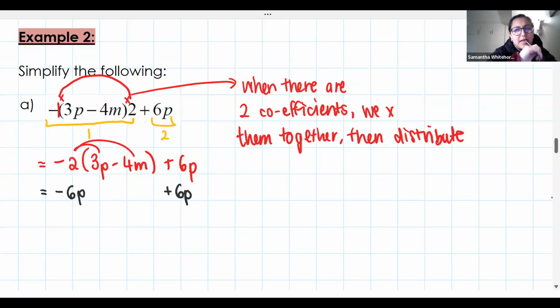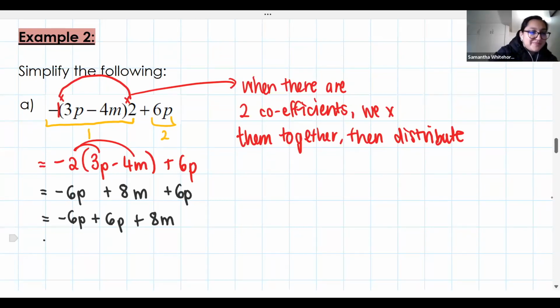So then, what's a negative times a negative? Positive. Okay, so positive 8m. Then I saw that 6p and -6p are like terms. I grouped them together and then I put 8m in the middle. So I said -6p plus 6p gave me 0. Good. With which then I was left with 8m, which was my final answer.